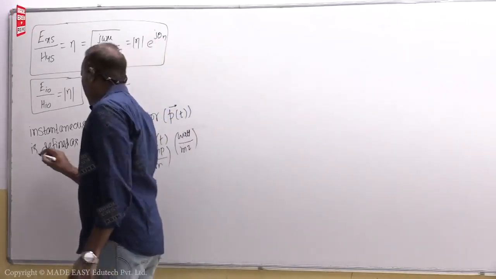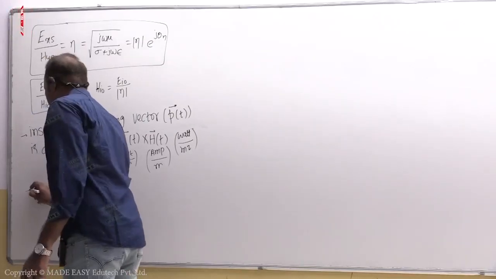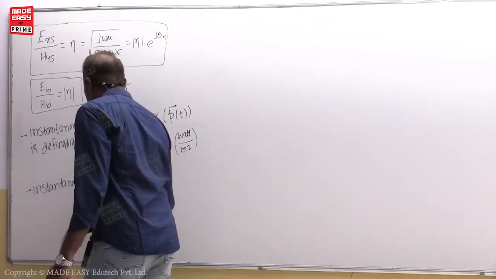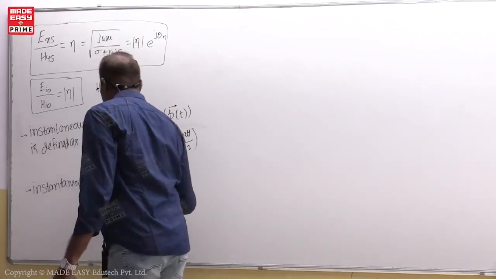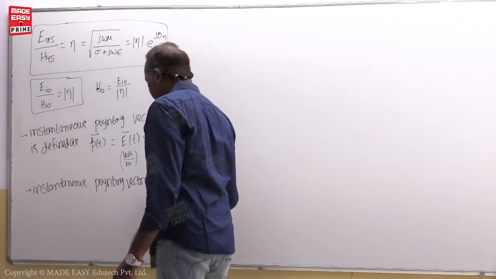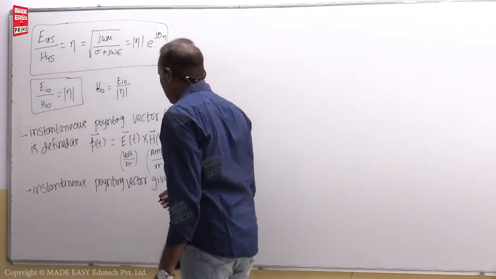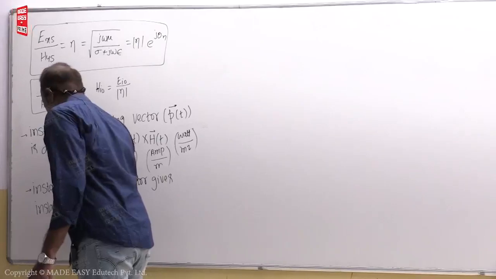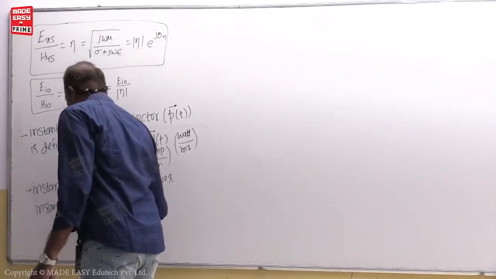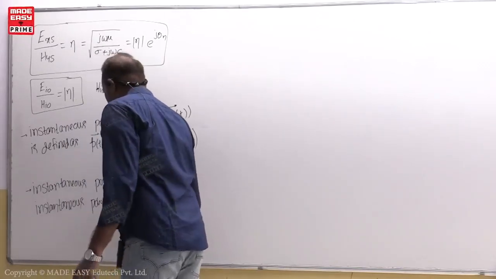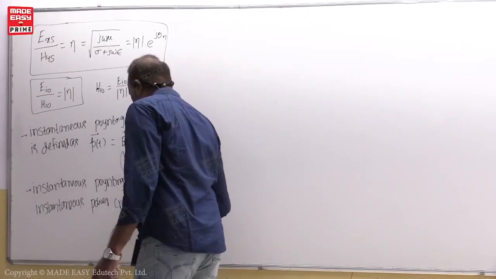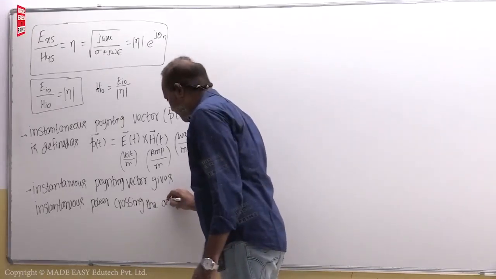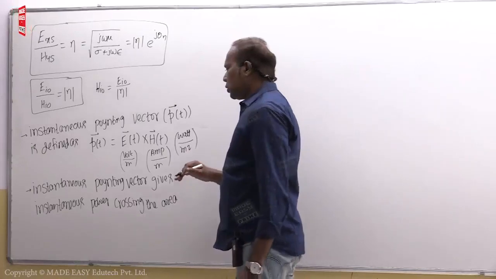The instantaneous Poynting vector gives, t means instantaneous, the instantaneous power crossing the area per meter square, that is, power crossing the area, or otherwise instantaneous power through the area.